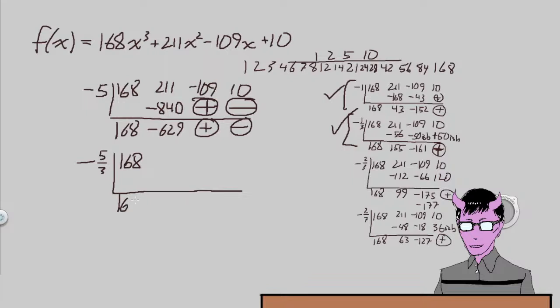Okay. So dropping this down, multiplying straight across. What is that? Since I've already cheated this far enough, let's cheat even more. So 168 divided by 3 is 56. 56 times 5 is negative 280. So multiplying this one, it's negative 280.